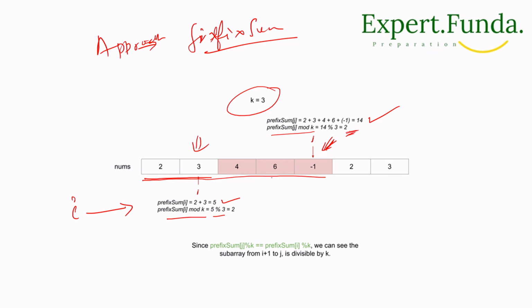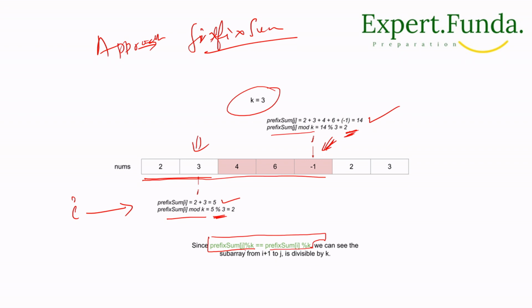So if we talk about prefix of j mod k and prefix of i mod k, both values are coming the same, that's why this value is 2, prefix sum mod is 2, and this is also 2.